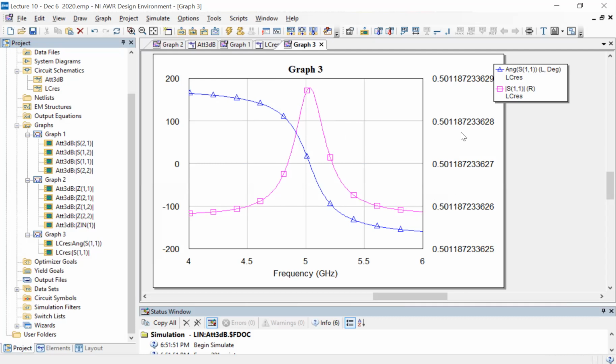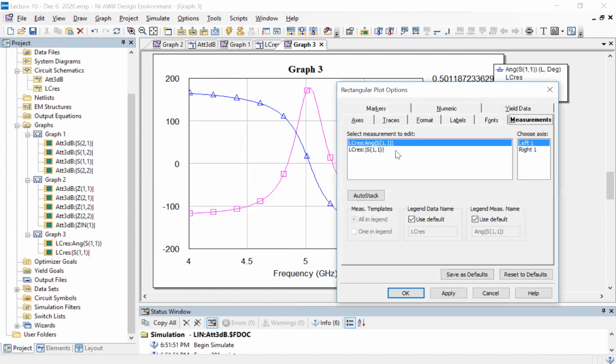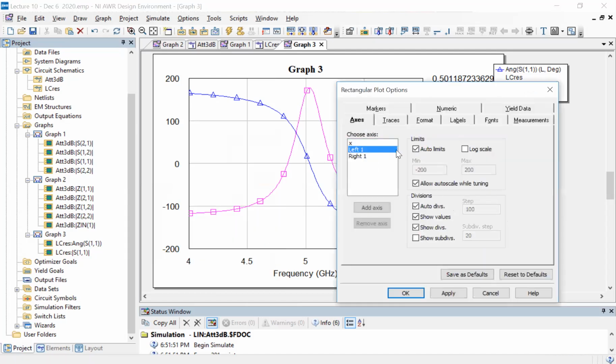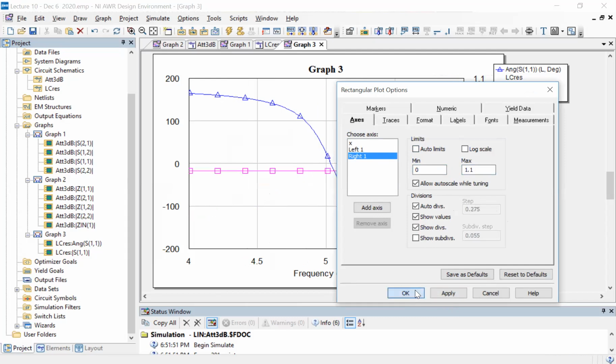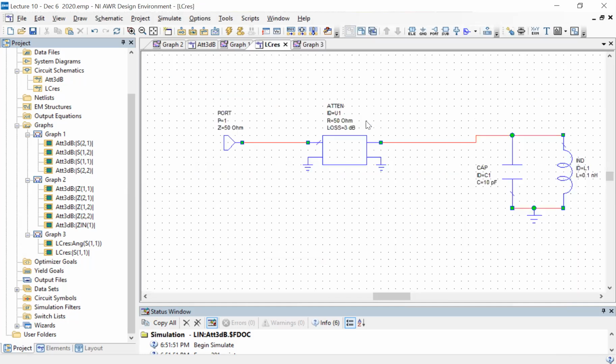Okay, so let me actually fix the scales here so that we can now see what's going on when things change. So this is good. This one I will go from 0 to 1. Okay. I'll put a tuner on this.